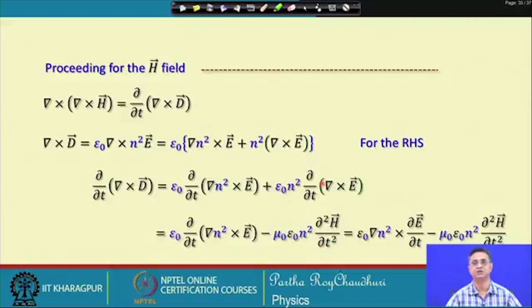So, altogether it becomes a minus sign, mu naught epsilon naught n square del square H by del t square, which is the right hand side of this equation.